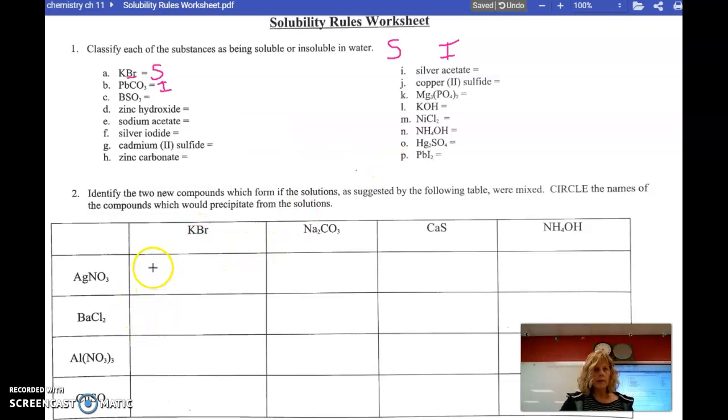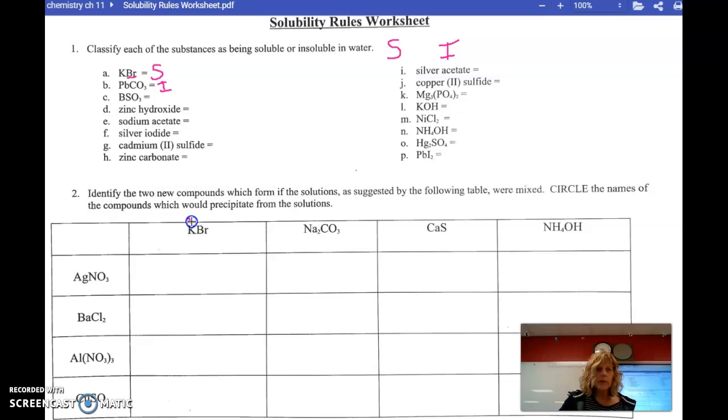On this sheet, then, what they want you to do here, so they give you silver nitrate, potassium bromide. These are combining. What are the products? So the first part is, what are the products going to be in this reaction?